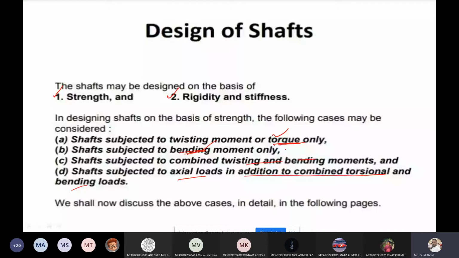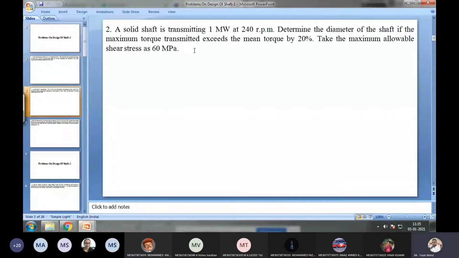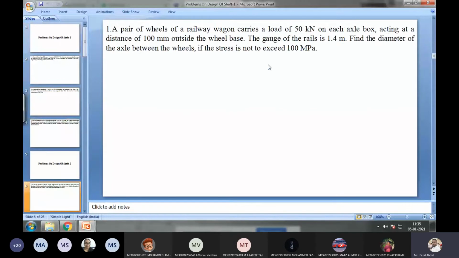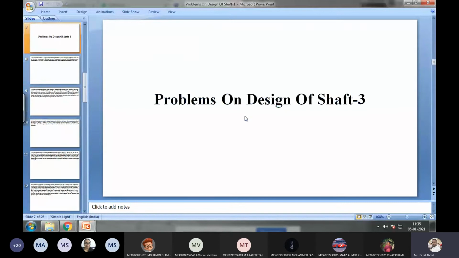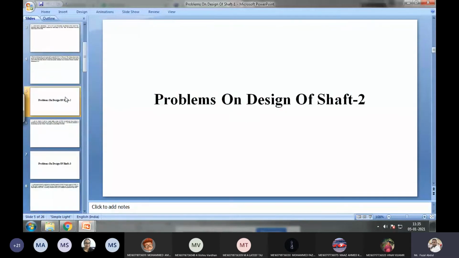We were in the numerical problem solving. So what are those? These problems also we discussed when the shaft is subjected to pure torsion. The second case problem, the shaft is subjected to pure bending.